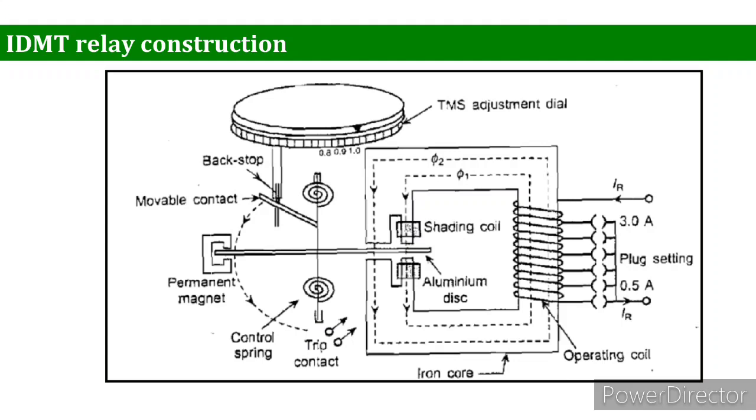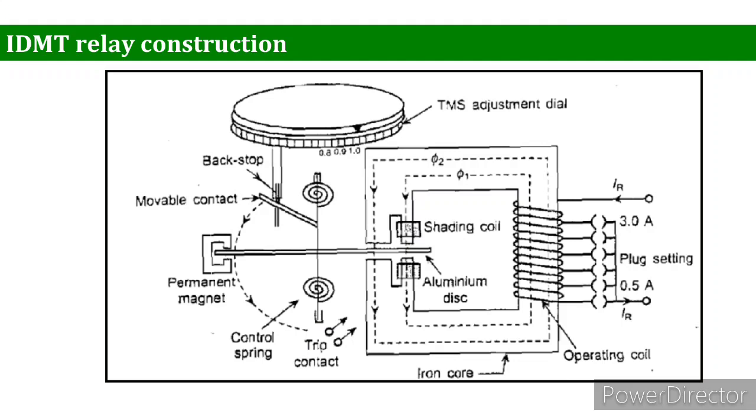From its structure, one thing is very evident: its construction is just like the energy meter. In the figure, there are two fluxes shifted in time phase, obtained from the input current by using a shading coil. The flux in the shaded coil lags the main flux.